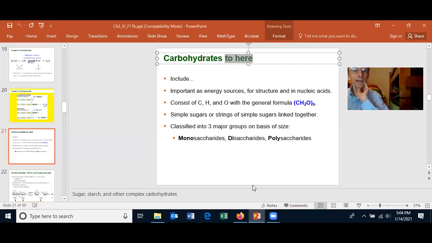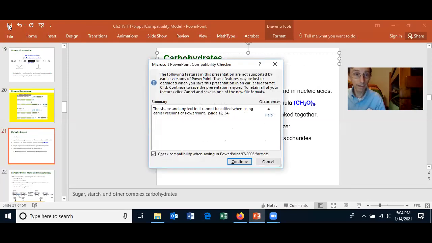Alright, so in Chapter 2, we had talked about the carbohydrates. And I believe I talked about this slide here, where I mentioned that carbohydrates are biological molecules with the formula CHO, meaning they have carbon, hydrogen, and oxygen.